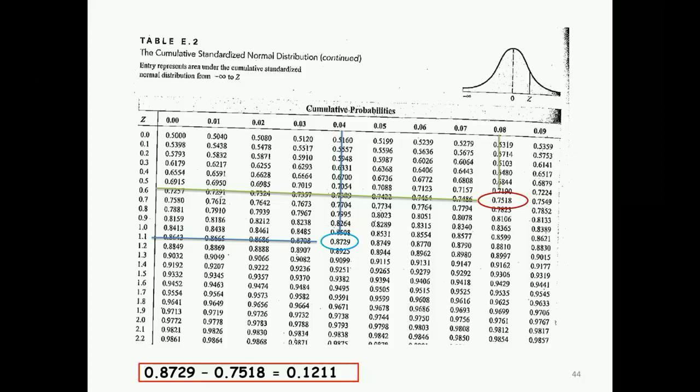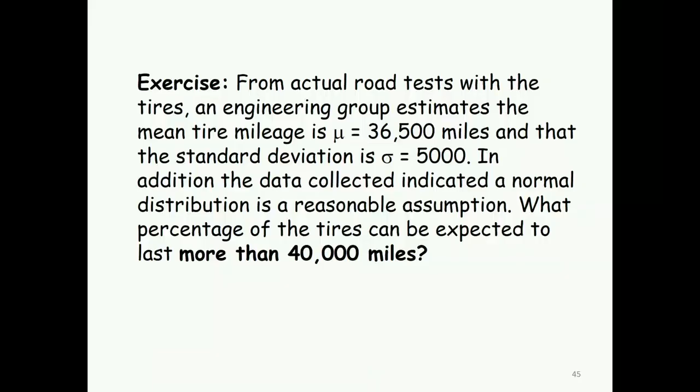Let's go to one exercise which probably would also help us. From actual road tests with tires, an engineer group gives a population mean and a population standard deviation. The question is more than 40,000 miles.